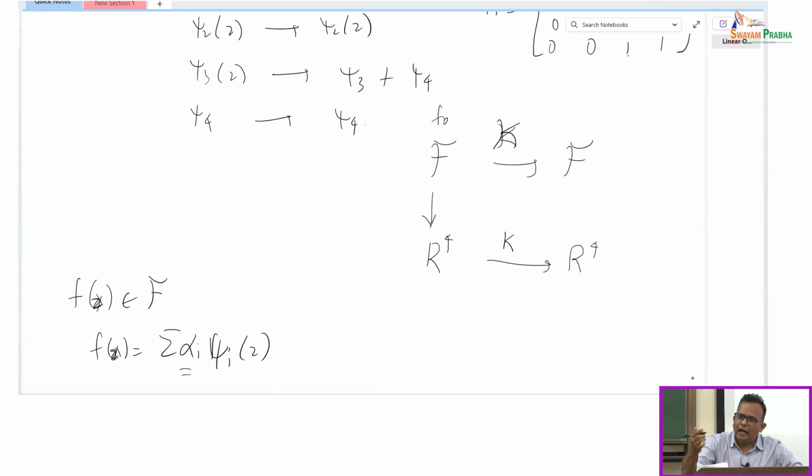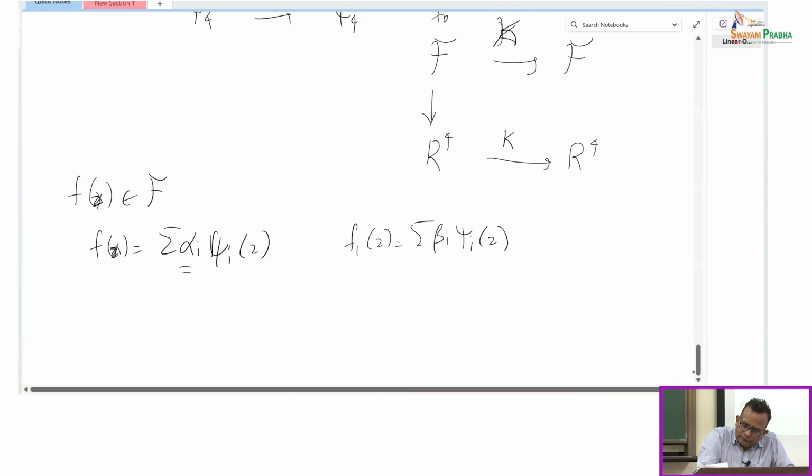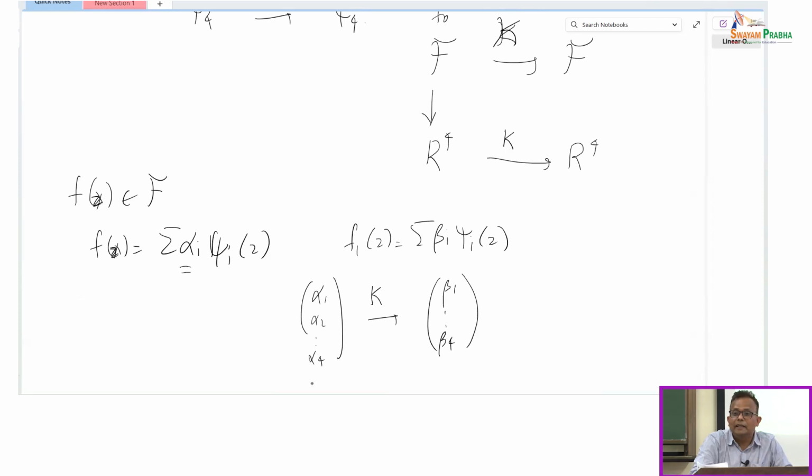Now you take those beta i's and form f1 of z as the sum of beta i psi i of z. That's your new approximate function which has been propagated by the Koopman operator. That makes sense? And how do you go from alpha i to beta i? Using K, right? So you have alpha 1, alpha 2, up to alpha 4, and that goes to beta 1 up to beta 4, and that is done using this matrix K.